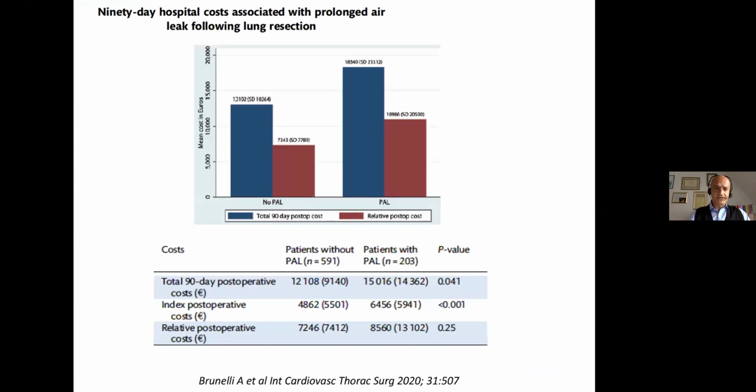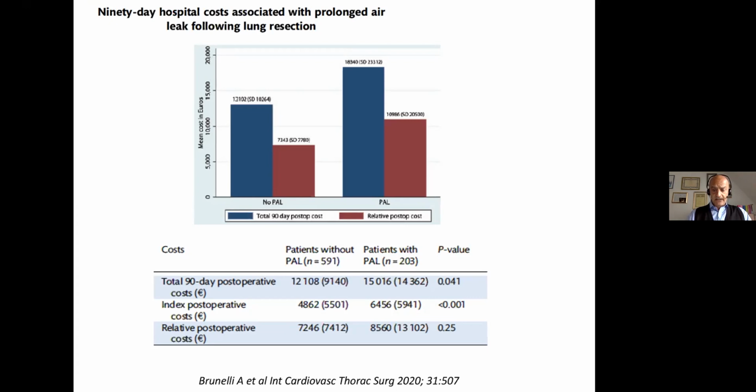And of course, a prolonged air leak increases postoperative cost by prolonging the hospital stay, perhaps being associated with other complications. And we recently found that a prolonged air leak is not only associated with the actual index postoperative cost, but also increases the 90-day postoperative cost due to frequent readmissions or clinic visits or hospital or emergency department accesses.